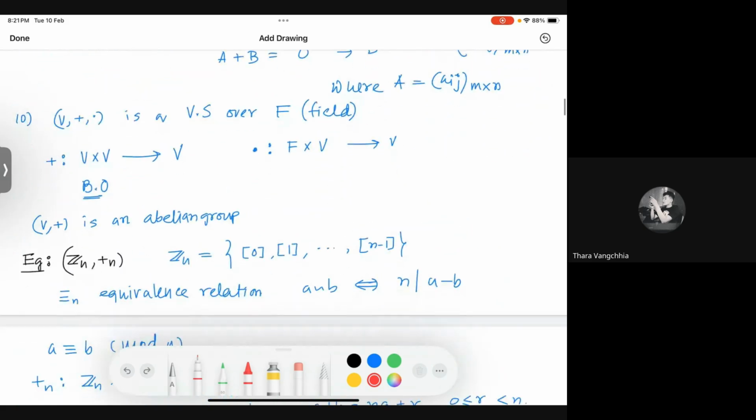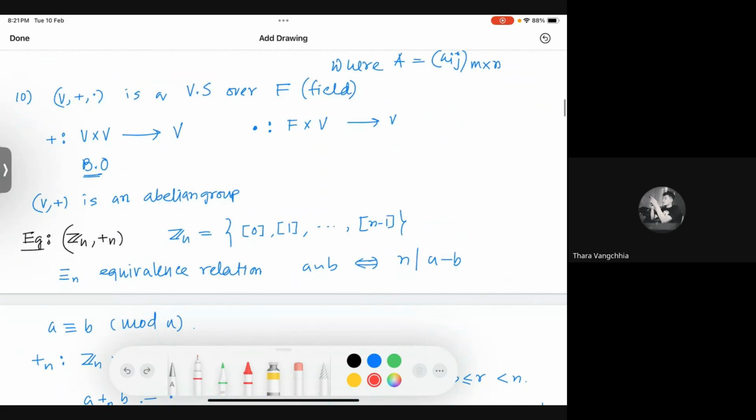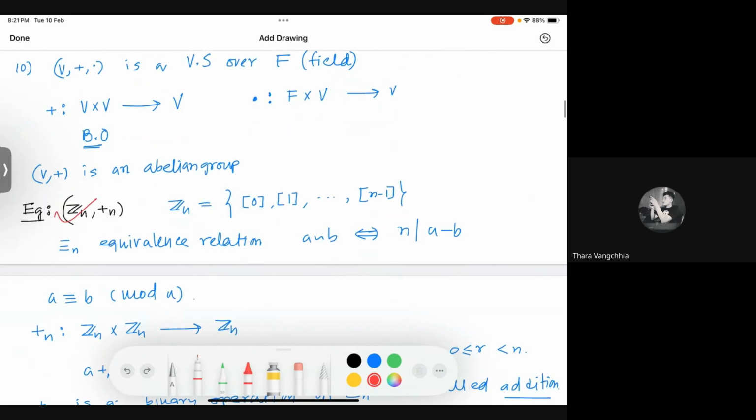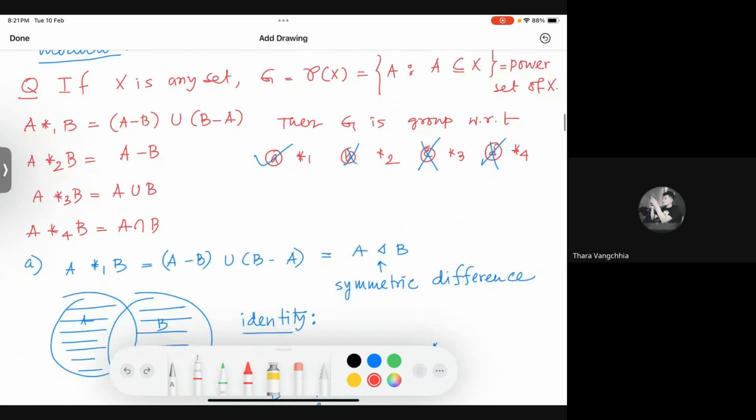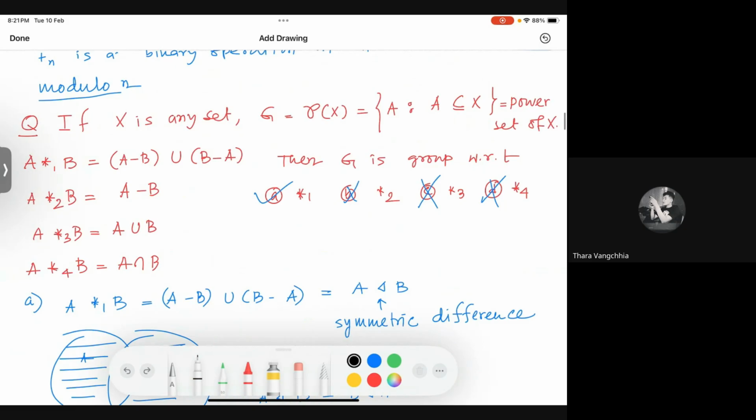So till now we have lots of examples of abelian groups. This is also an abelian group. Okay. Now take G equal to the power set of X. Now I am defining some operations: star 1, star 2, star 3 and star 4.